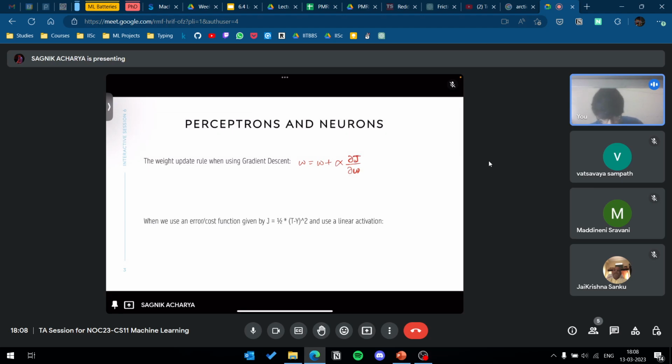Say the basic structure is a perceptron like this. There are three inputs, x1, x2, x3, and we have the weights w1, w2, w3, and finally we get some output which is y.